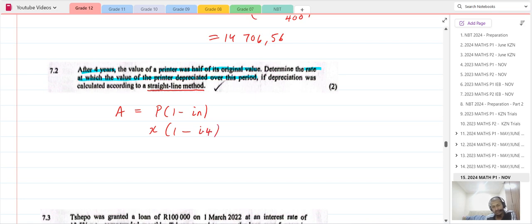Right? i times 4. i over 100 times 4. Okay, we can multiply by 100 at the end, so let's just keep it. i times 4 is equal to half x.